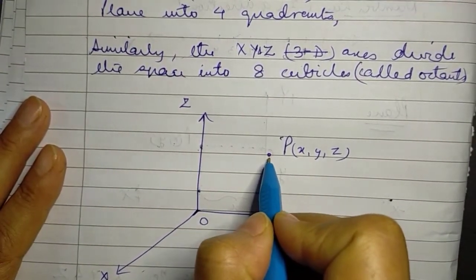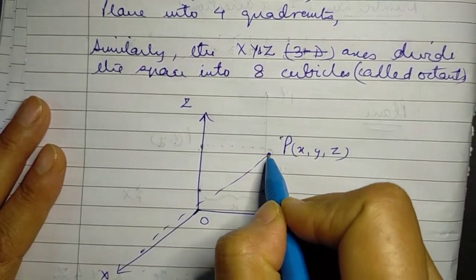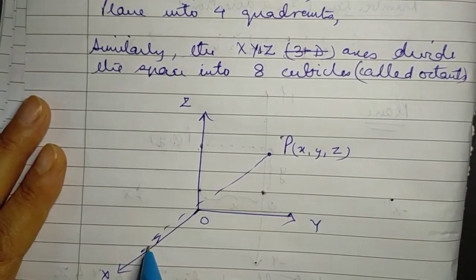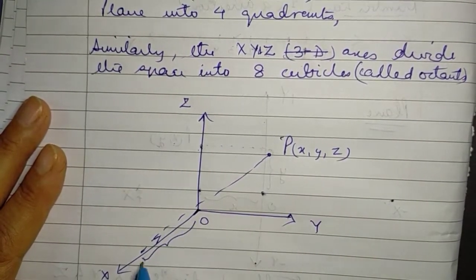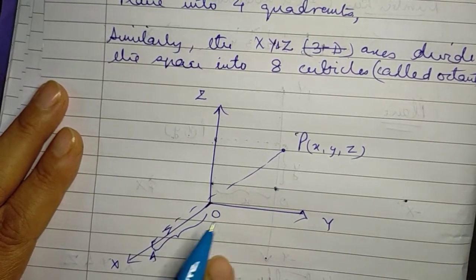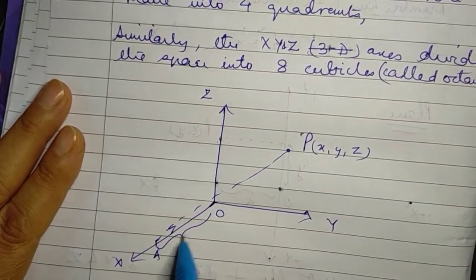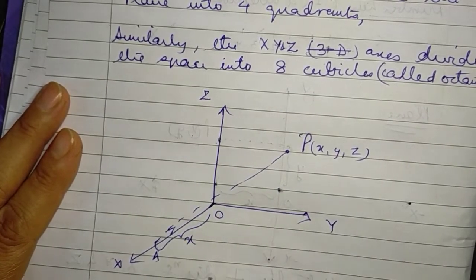If you drop a perpendicular from P to the x axis, let's say the foot of the perpendicular is A, then this portion OA is the x coordinate.